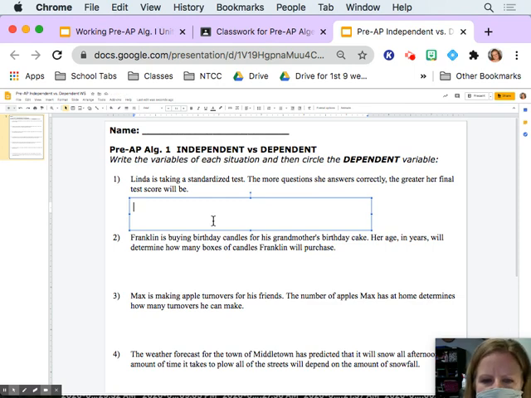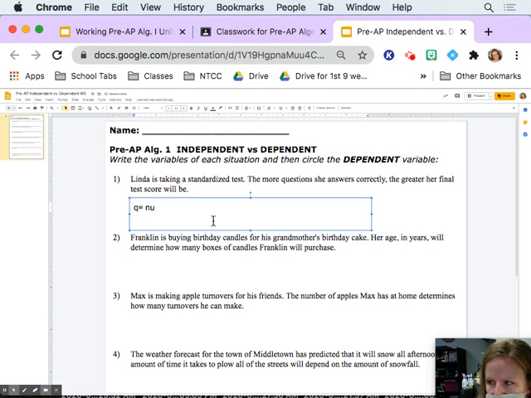Linda is taking a standardized test. The more questions she answers correctly, the greater her final test score will be. So what are the two variables? Question. So we can use Q. Q for questions.